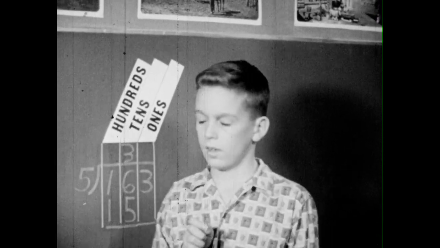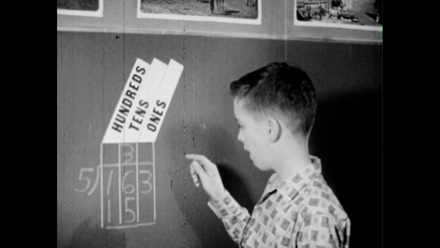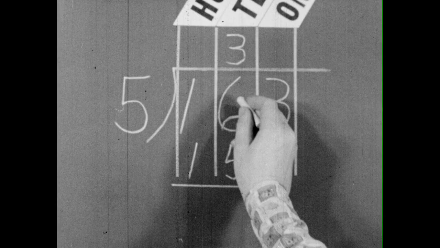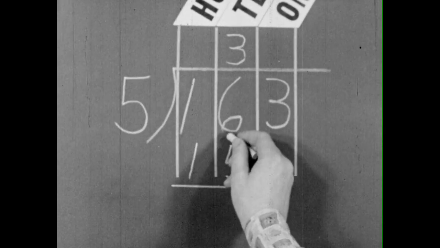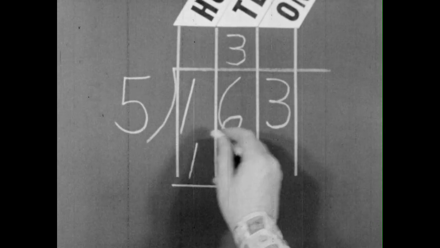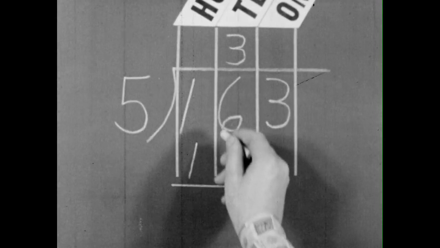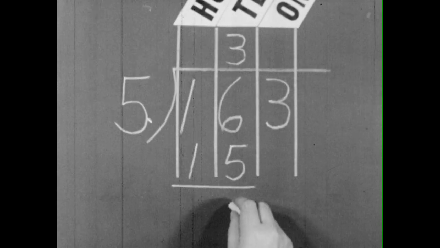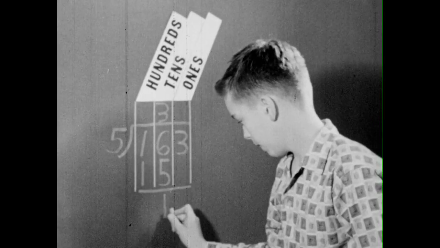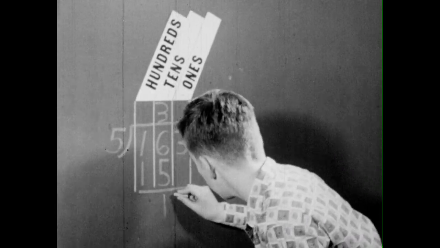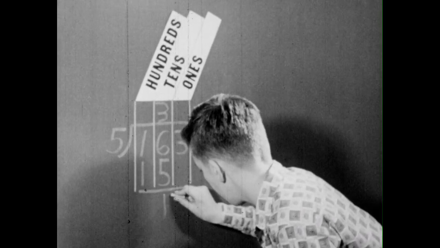Now go on with the example, Bob. Notice that the 3 is in the tens place. That's because it answers the question, in 16 tens, how many equal groups of 5 tens are there? 3 of them. And 1 ten left over. Go on, Bob. Now we bring down the 3 ones.